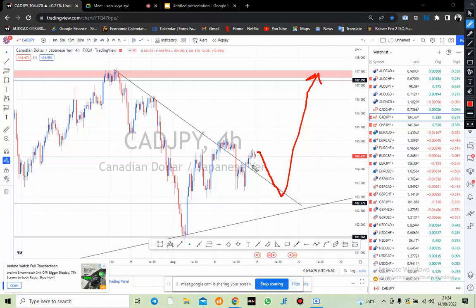But in the meantime, there's nothing to do. You cannot buy, you cannot sell. If you want to buy, you buy at the nearest support area. You don't buy here. And if you want to sell, you sell if the price reaches the major resistance. This is how you trade support and resistance.